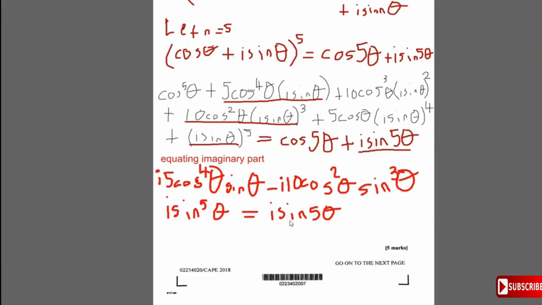When you divide through by i, sine 5 theta is equal to sine to the 5th theta, plus 5 cos to the 4th theta sine theta.